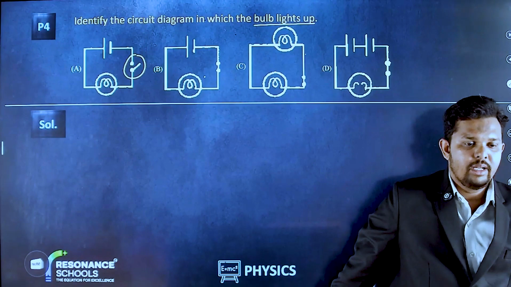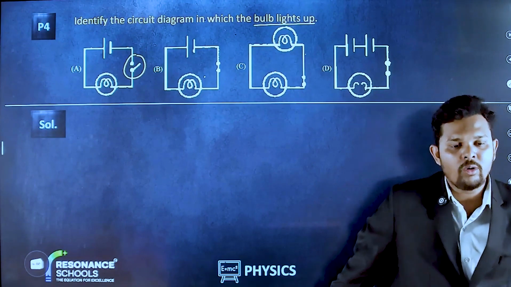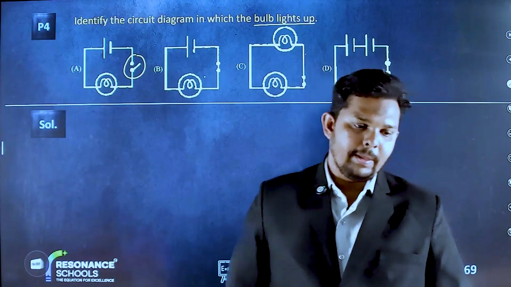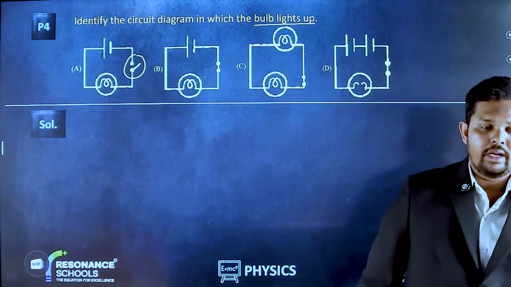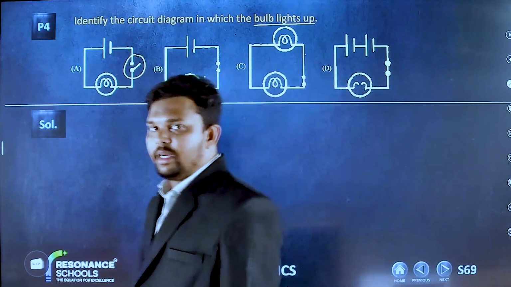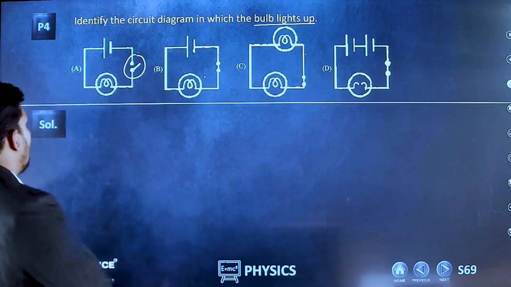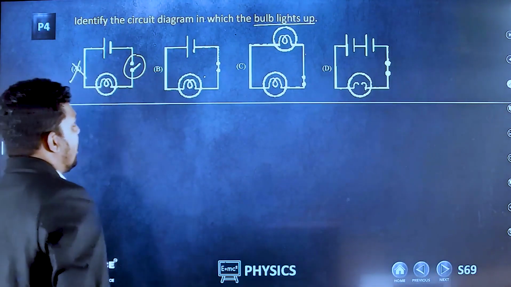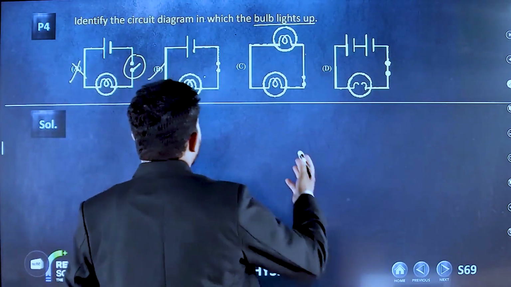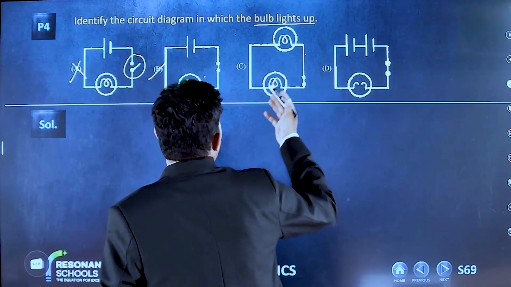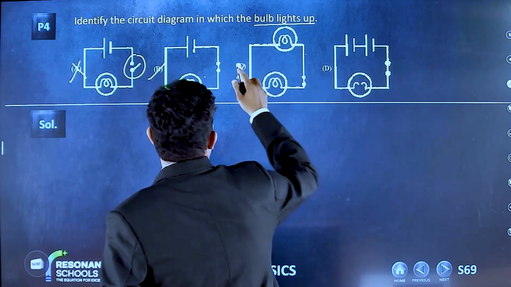Now I can see open circuit, right. If it is an open circuit, is there any possibility that the bulb will glow? Not at all, and therefore this is not the answer. It's a closed circuit, so there is a possibility that the bulb will glow. There is no supply, no battery connected here, no cell is connected, so we cannot say this as an answer.